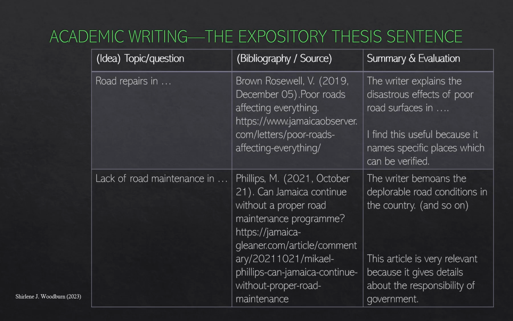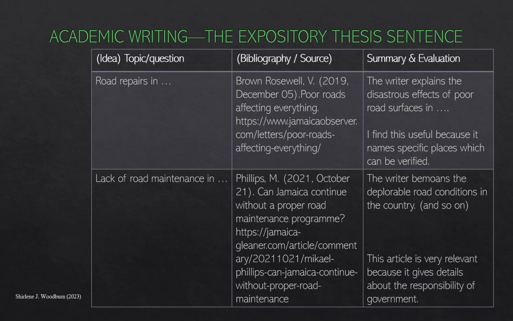Just say, for example, that you are writing an essay about the effects of road repairs in Jamaica, or the effects of poor road conditions in Jamaica. In order to find information on your topic, you can analyze the topic and take out the important parts.